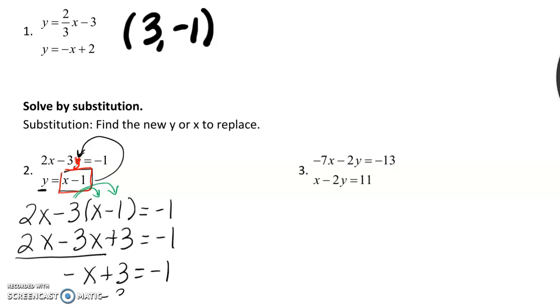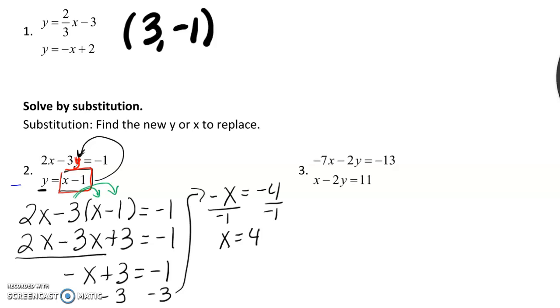I'm going to go ahead and subtract 3 from both sides. So now I have -x equals -4. And of course, I have to divide by a -1 so that x is now a positive x. So -4 divided by -1 is 4. I have found the x, but now I need to find my y.